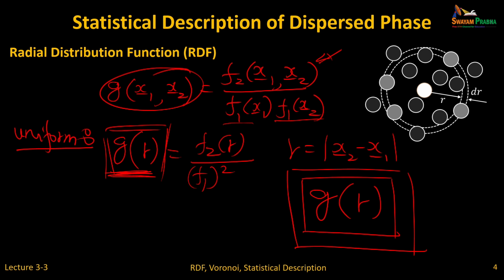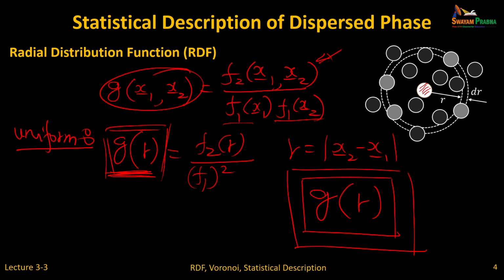It is simply, if I have a particle at some location, what is the probability of finding a neighbor at a distance r away? Okay. That is a very important quantity. When you have a random distribution of particles, you can calculate this radial distribution function, and it tells you how your neighbors are arranged. So, this is a very important quantity to go beyond just saying what is the local volume fraction.